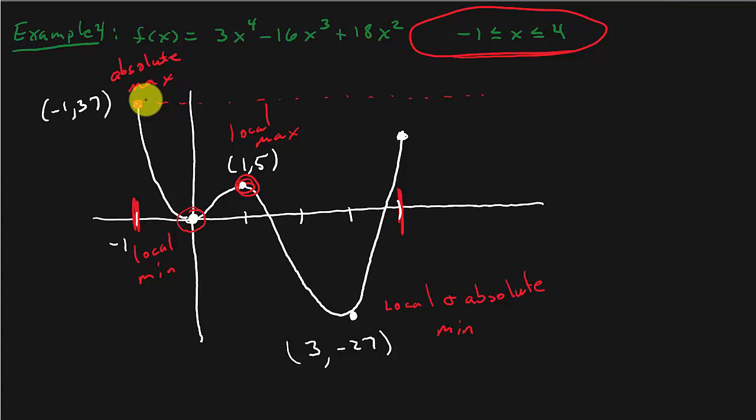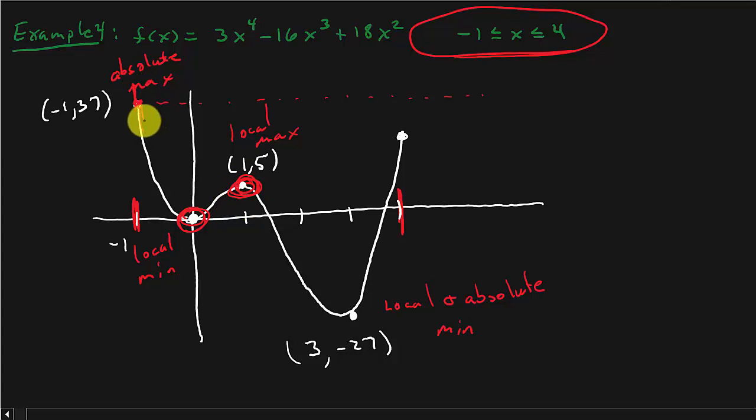All right? Because to say it's a local, well, it's the largest value in that area. And we can see this is going to keep going. But this is just an absolute max. Now what about this one? Well, that one's nothing.